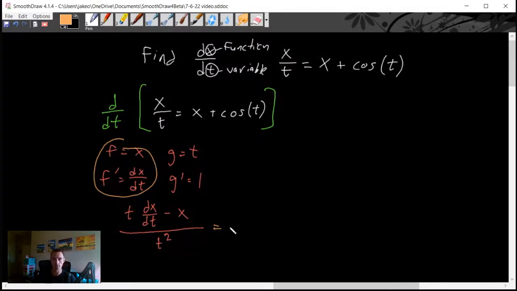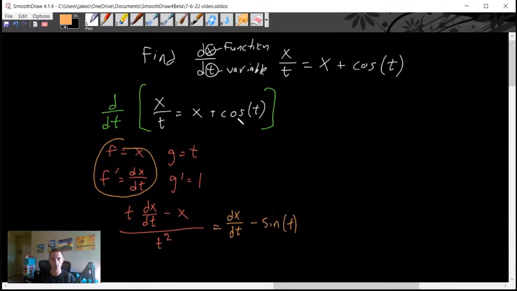So x is going to become dx dt, and then plus the derivative of cosine of t. The derivative of cosine of t would actually be minus sine of t. So instead of plus, I'm going to write minus sine of t.